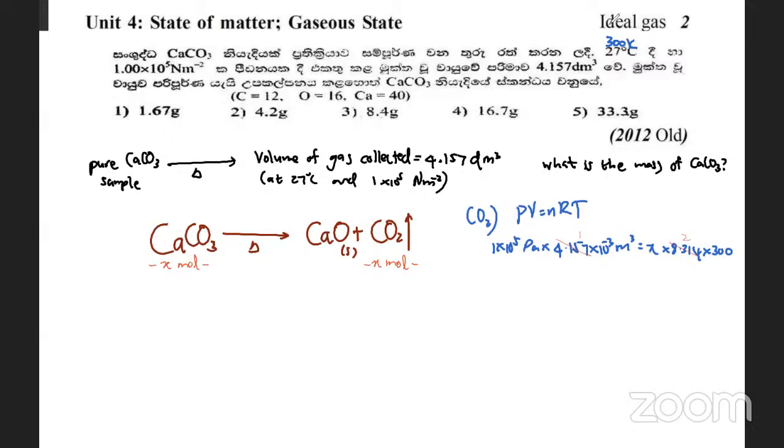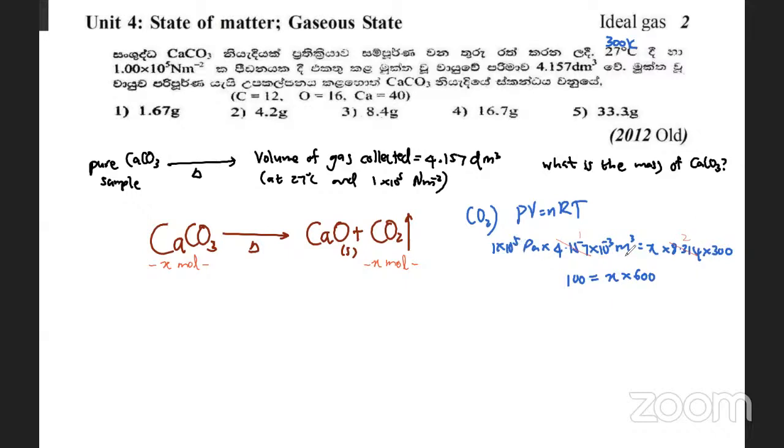If you look closely on the left side, you will have 100, just 100. And on the right side, you are going to have x into 600, because 2 into 300 is 600.